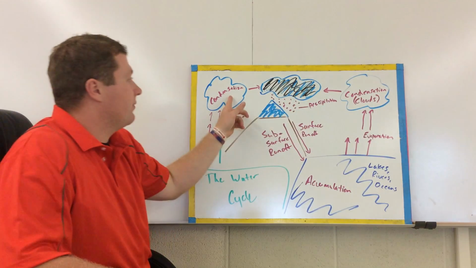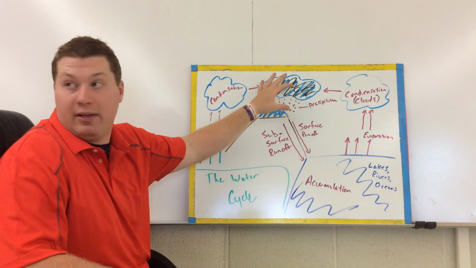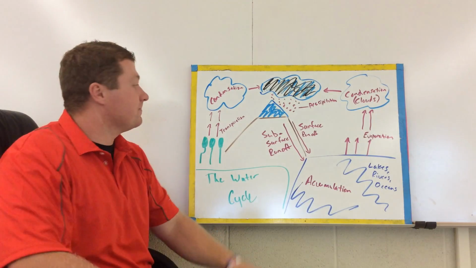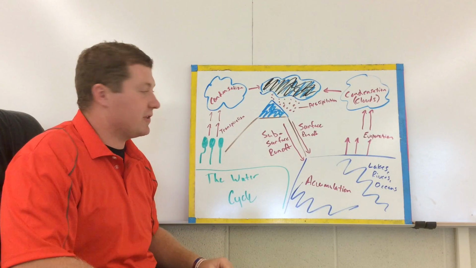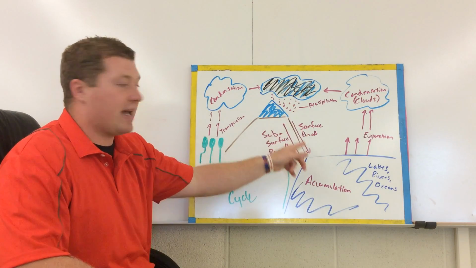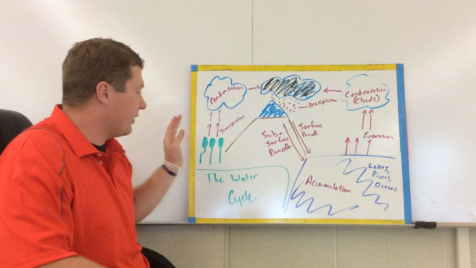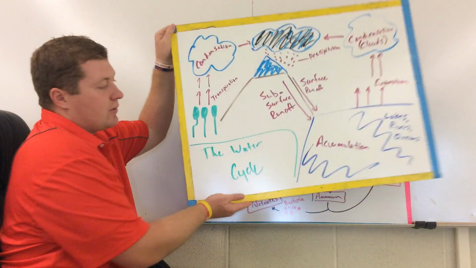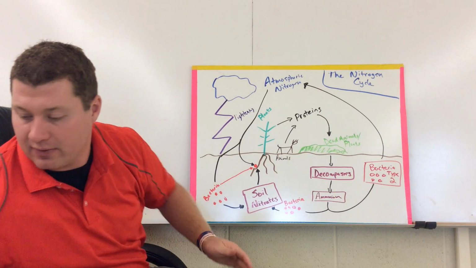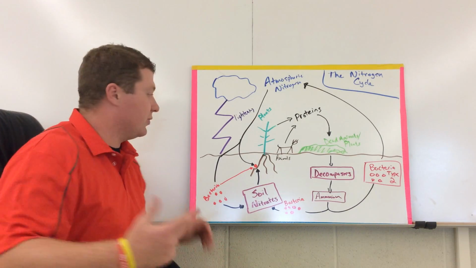Then those two clouds can combine to make a storm cloud. A storm cloud then produces the precipitation for that surface runoff, and the cycle just repeats over and over. So the water cycle is the second cycle that recycles nutrients in our environment.